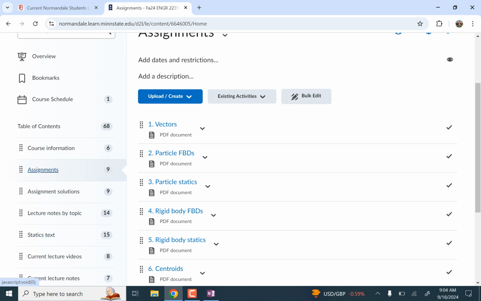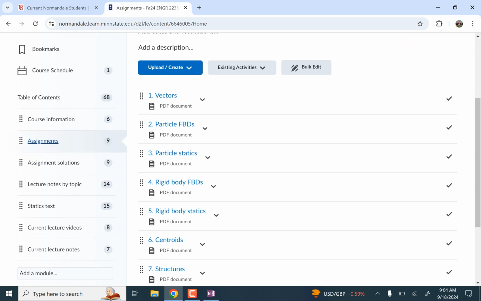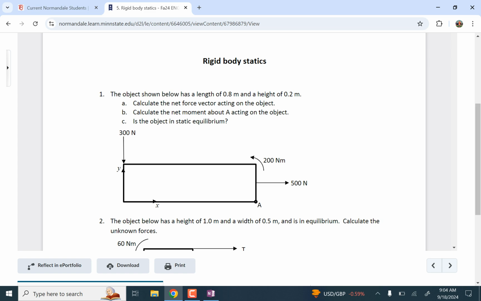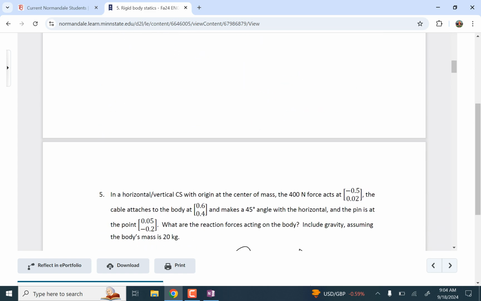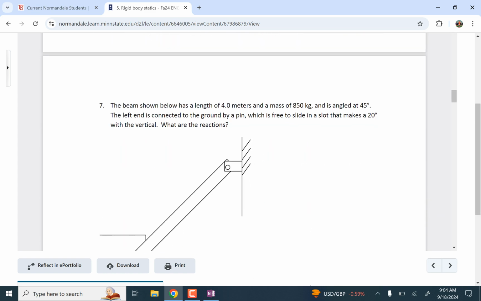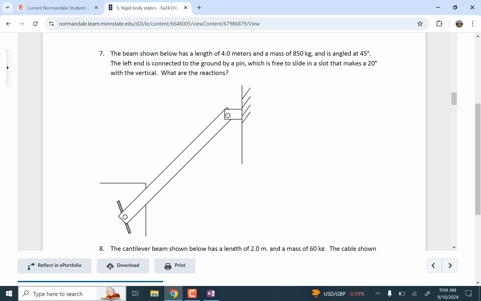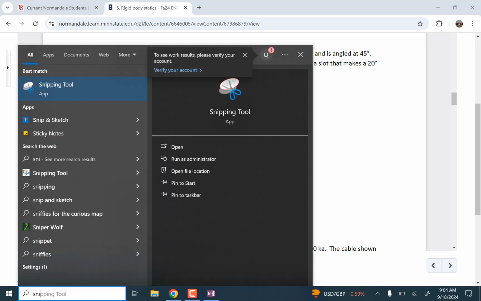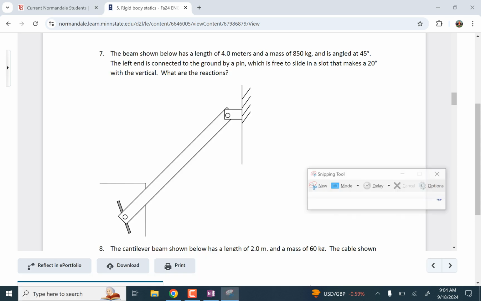Okay, assignments, and then we got rigid body statics. Holy moly. I remember this one. Okay, I'm going to do it, Graham. You better be right about this. If I copy this and it doesn't copy, I'm going to be mad.